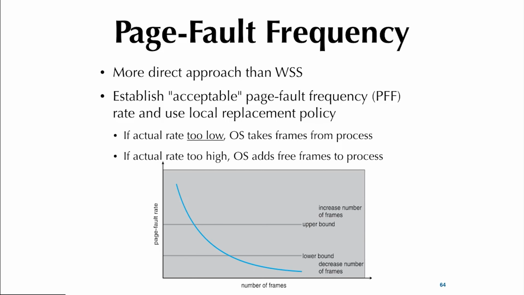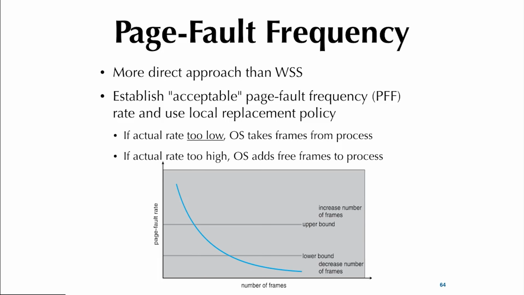And then what happens is you again set some threshold, some acceptable page fault frequency, and use that to determine whether you need to adapt the number of frames you allocate to a certain process, okay? If the actual rate is way below your lower bound of the page fault frequency, what does that mean? You probably allocated too many frames to it.